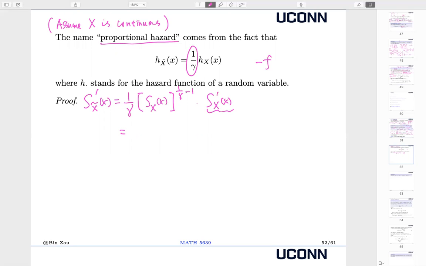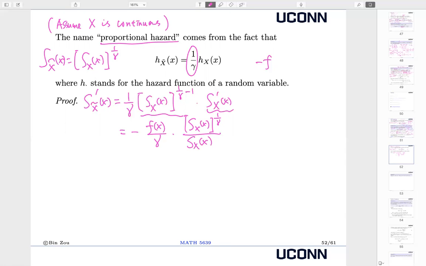Then what I have is this. Let me rewrite what my pH transform is. What I can do is first put my PDF down here, and for this I can write it as 1 over gamma, which means since I multiplied by an additional survival factor, I need to divide by it.